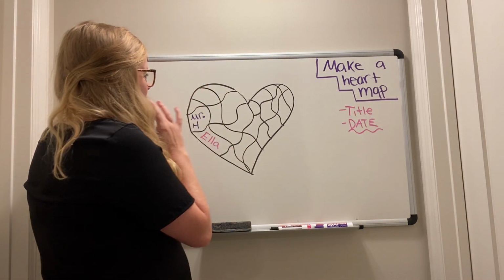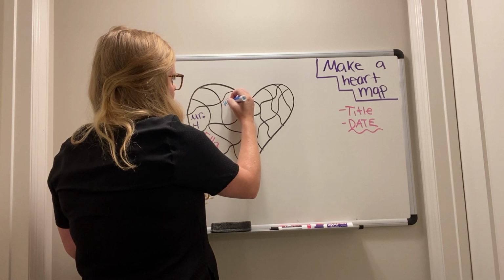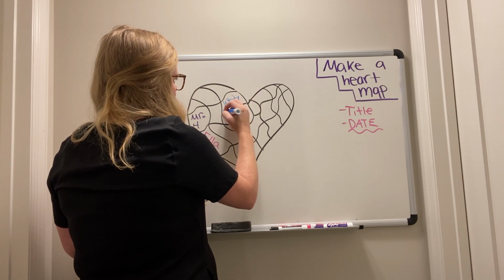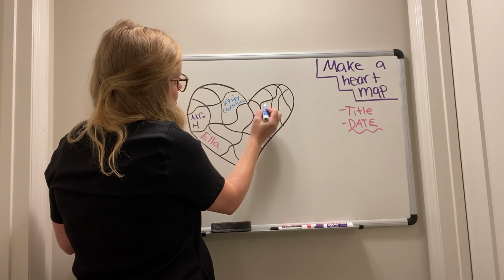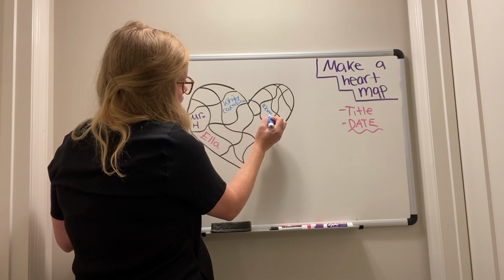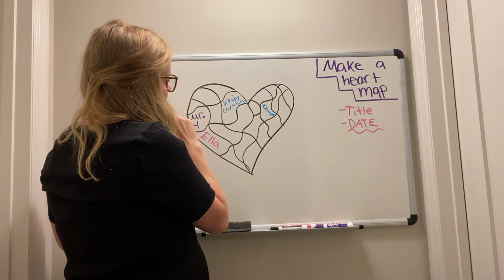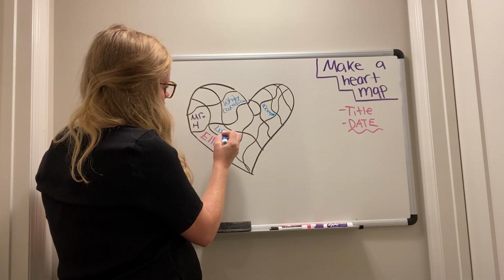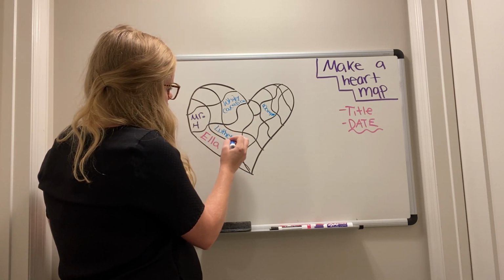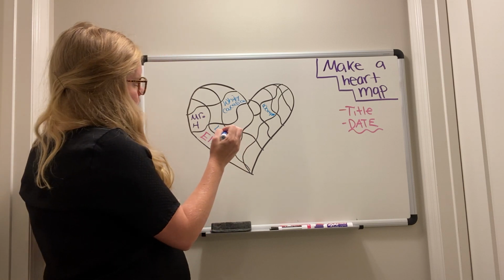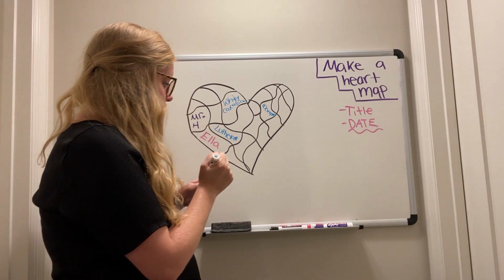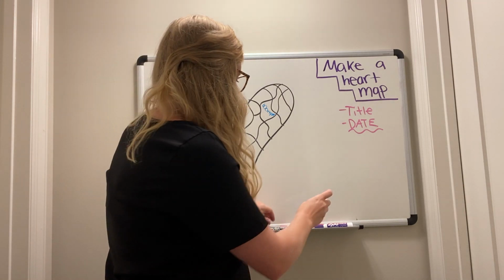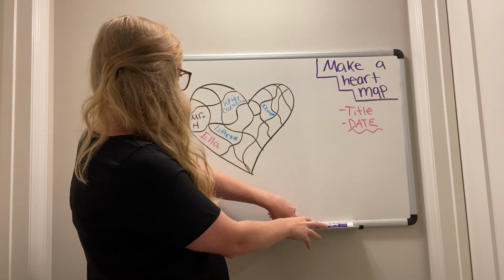So if we're talking about my race, I am white or Caucasian. I am a woman. I am Lutheran. What else? So these are all just parts, things that make up who I am.